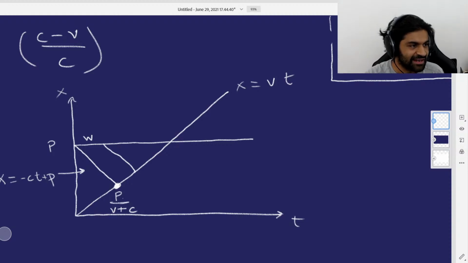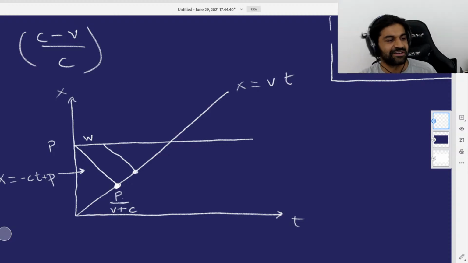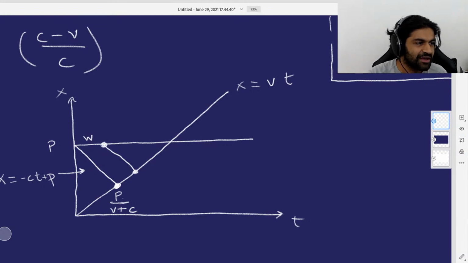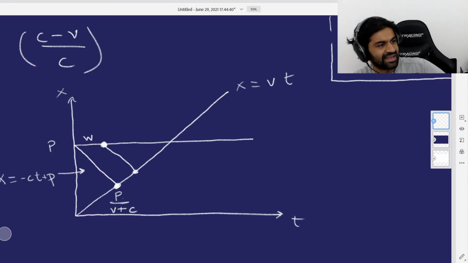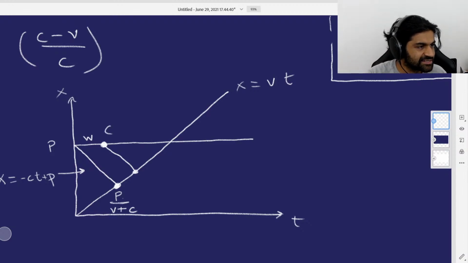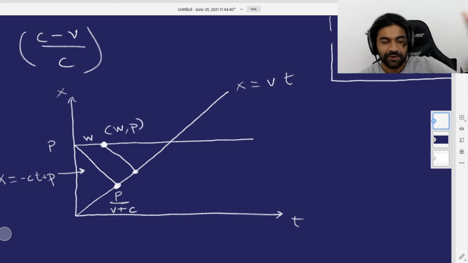What about this one over here? Well, for this one, we need to figure out the equation of this line. In order to do that, I guess we can use point-slope again. So what would this point be? Well, this point has an x coordinate of p and a t coordinate of w, right? Because it's w off this way and p up this way. So this is just w comma p, this point up here.